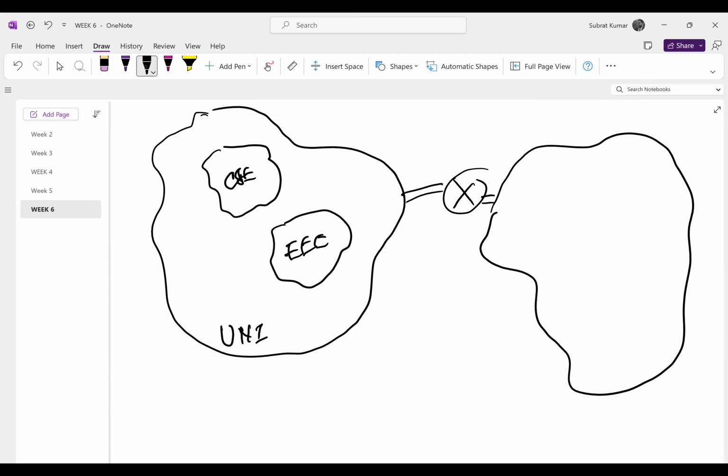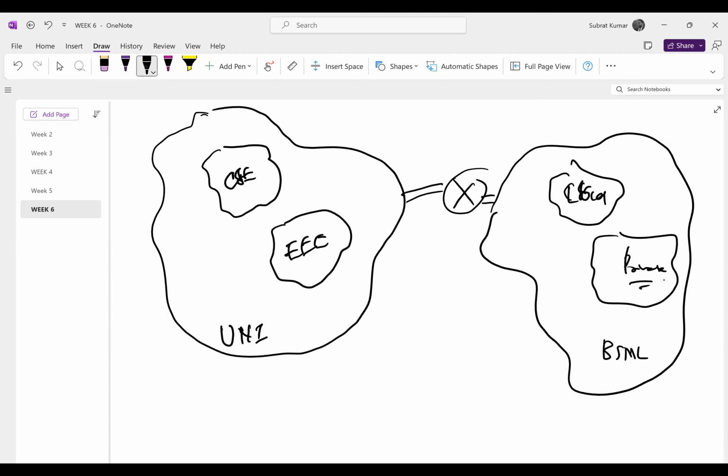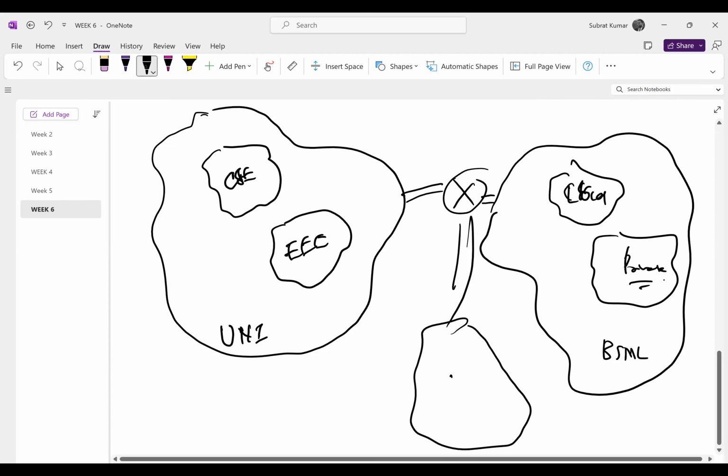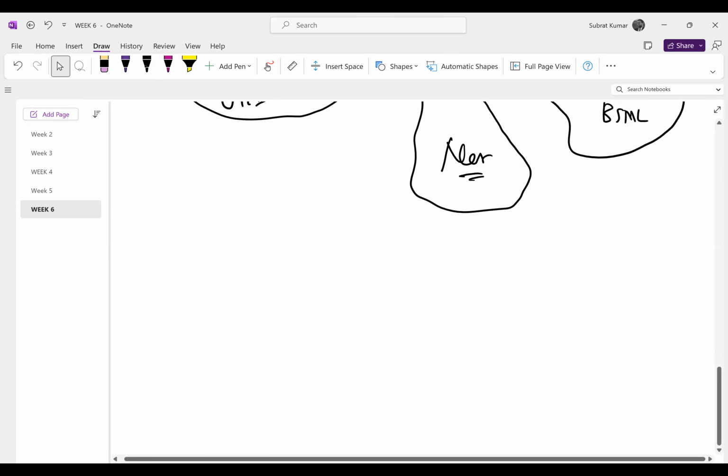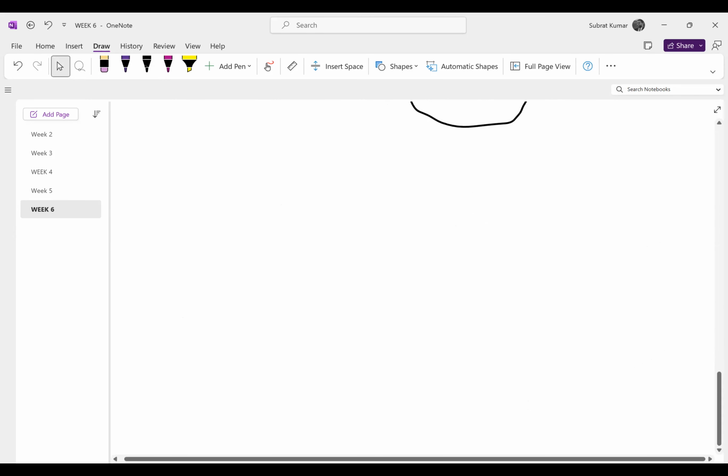And here is your university 2, or let's say the BSNL network, and here is your private network and so on. It's going to the internet. The point of discussing all these things is that they are hierarchical. If you go inside one set, you'll find a bigger set inside it.